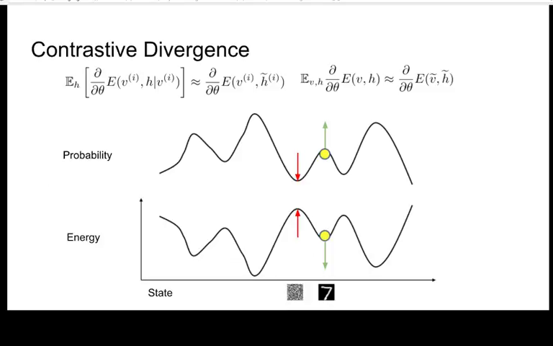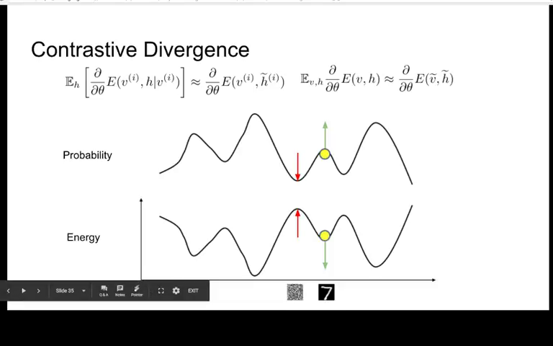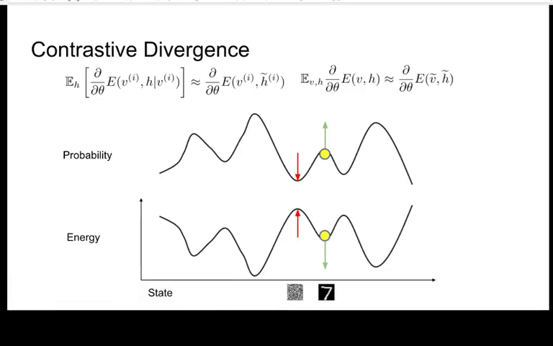What we are trying to do with this is that we have some energy. Let's say this is a state. It's one-dimensional on the slide, but let's imagine we're talking about MNIST input space. Let's say this is the energy graph, and this is the probability graph, which shares the state axis.